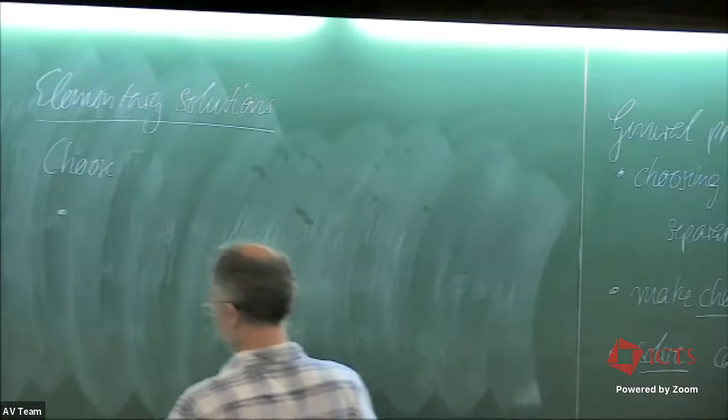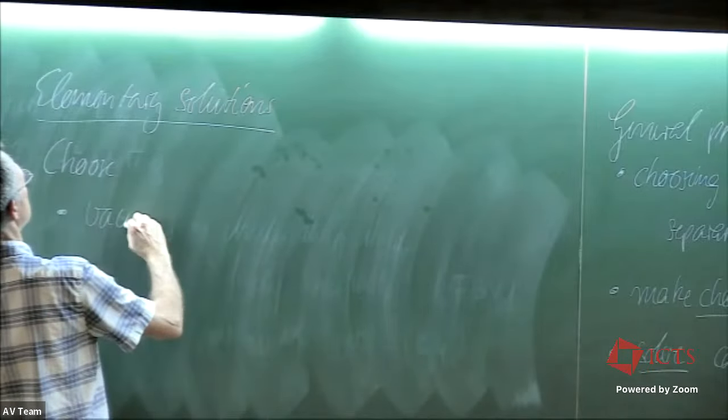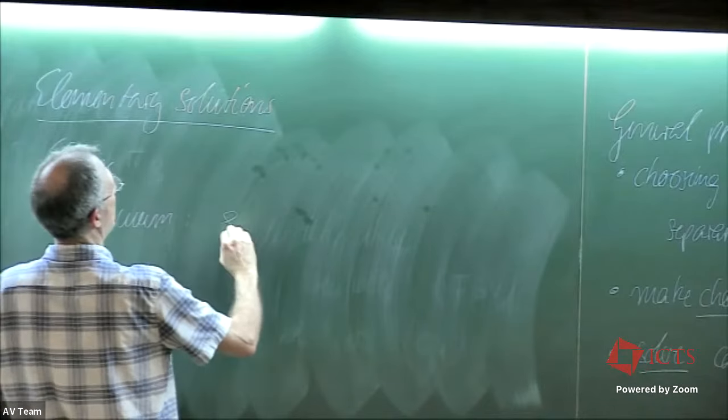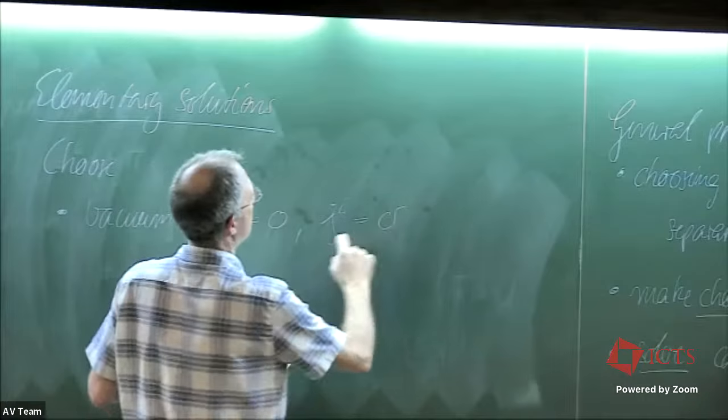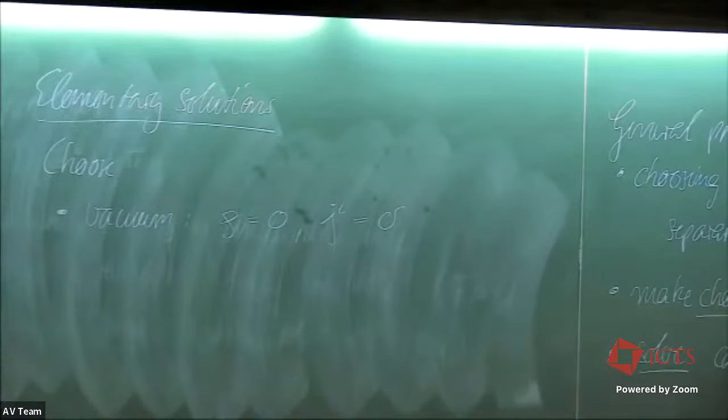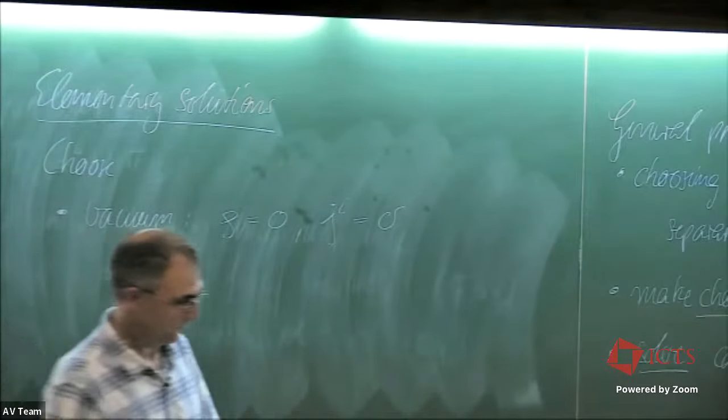First, let's talk about vacuum. Let's throw out any matter, so we only talk about vacuum fields. If we're talking about vacuum, then rho is 0, and the charge densities, current densities J that appear in the momentum constraint are also 0.